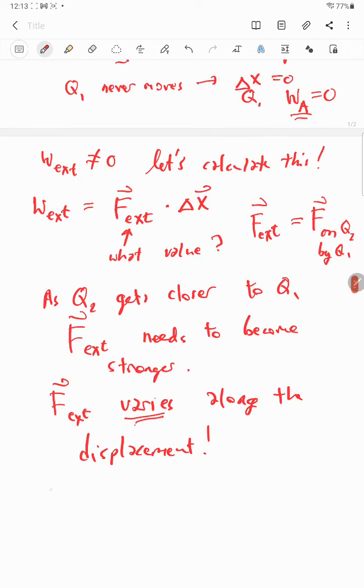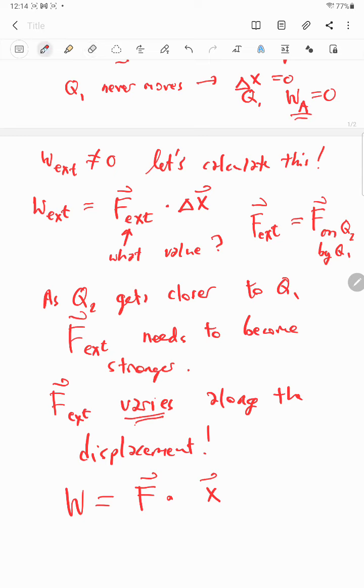So we need to think a little bit more carefully about the work, right? So instead of writing that the work over the displacement is written this way, we're going to change our mindset a little bit, and we're not going to imagine large delta displacements.